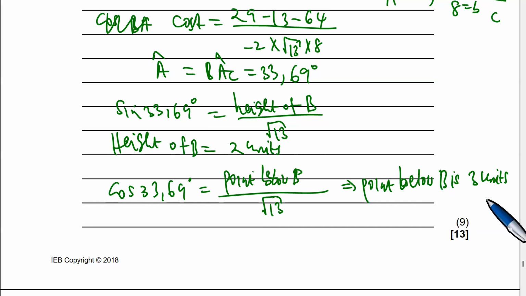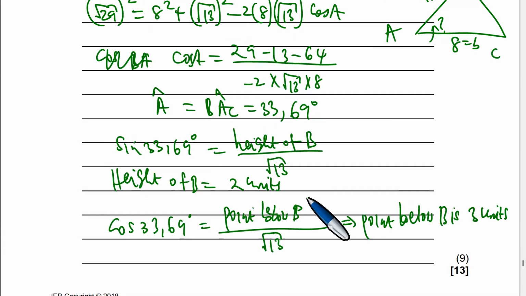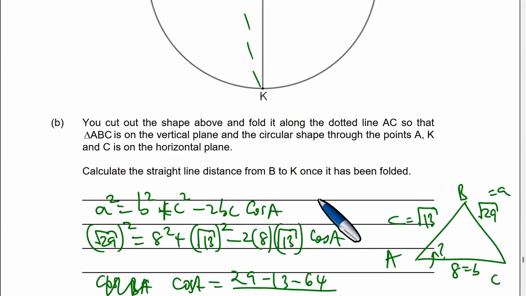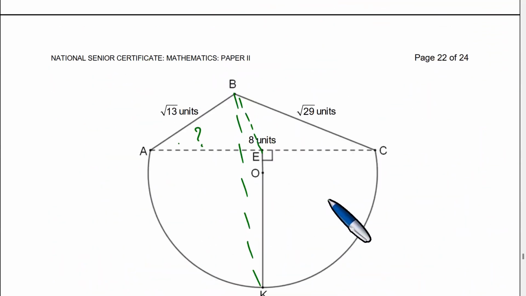So the point below B is 3 units. So you got 3 units here, and you got 2 units there.